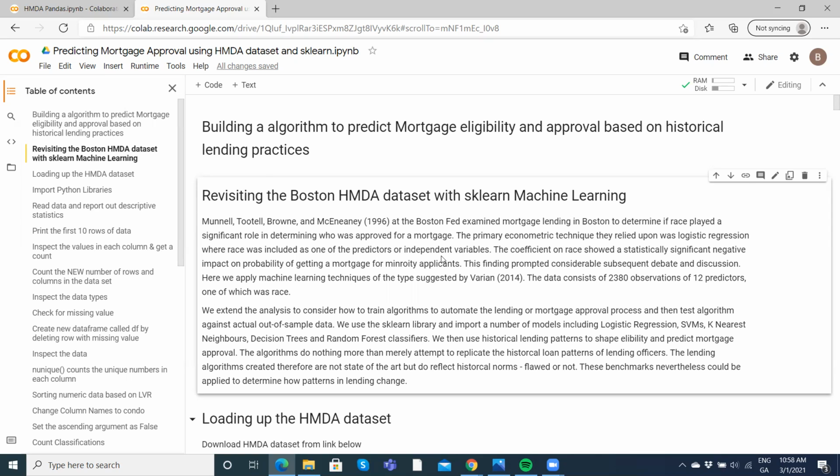We've done that before. In this video, we're mainly going to consider some of the machine learning techniques as proposed by Varian.